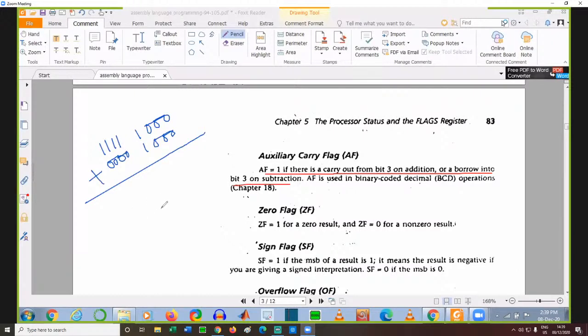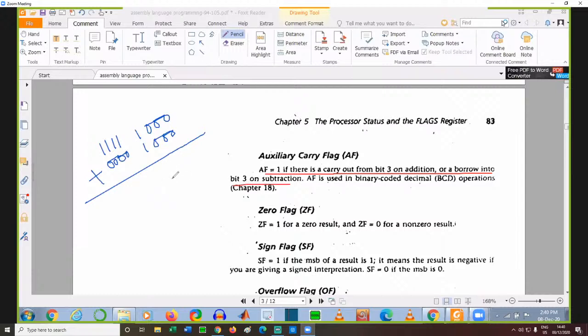So 0 0 0, then again 0. Yeah, so what is the value of AF? Can you say that? Sir, after 1 maybe there will be eight 0s. I did not understand. Sir, after 1 there will be eight 0s. AF 0, sir. What do you mean after 1 there will be eight 0s?